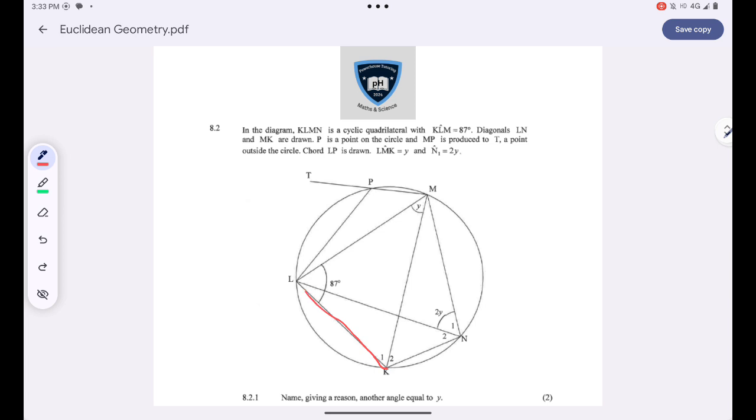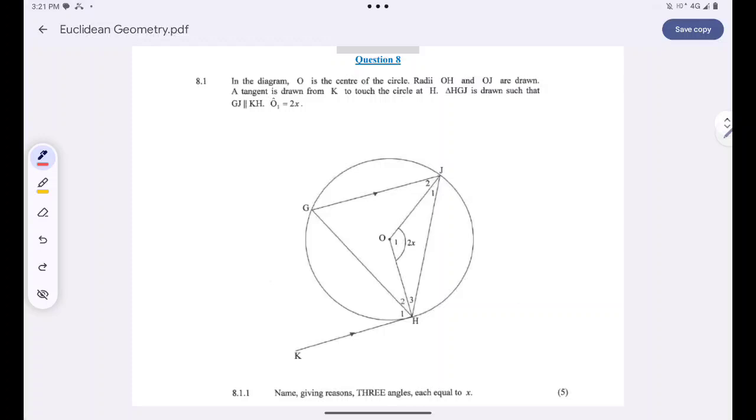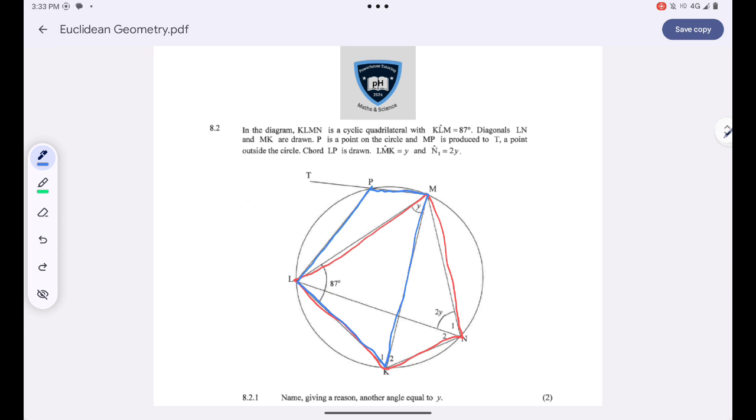Okay, this is a cyclic quad over here. We also have another cyclic quad, guys. Before we even read further, this over here is a cyclic quad because the circle touches all the four vertices of a four-sided figure.